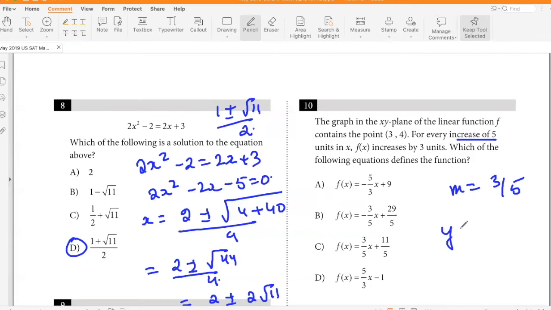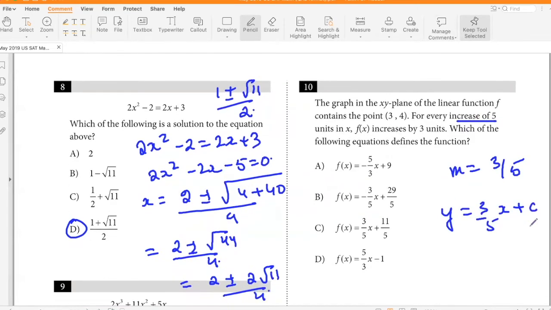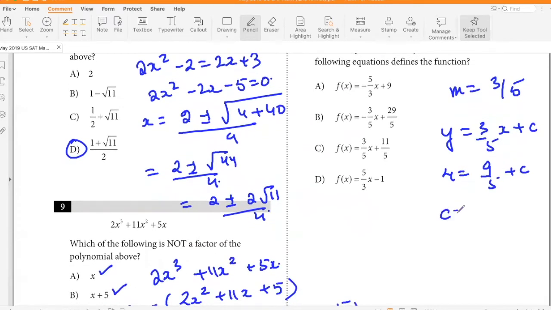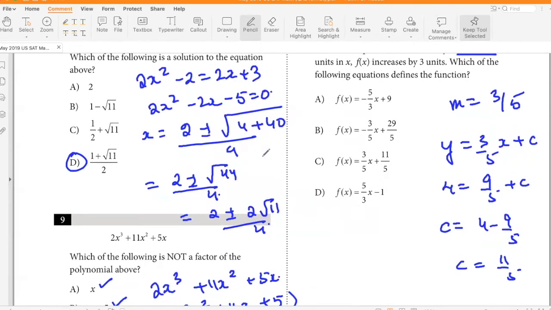So I can say y is 3 by 5 x plus c. And then I can substitute (3, 4) here. So 4 is 9 by 5 plus c. So c is 4 minus 9 by 5, which is 11 by 5. So f(x) would be 3 by 5 x plus 11 by 5, option C.